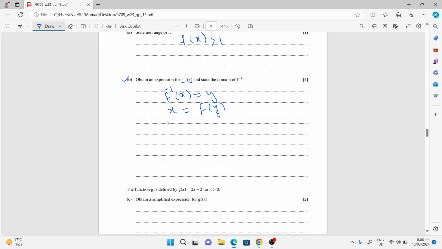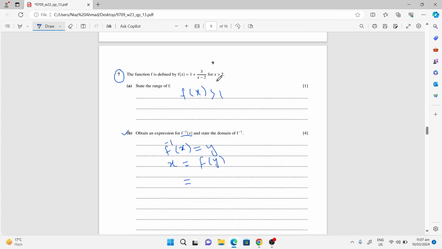So what is f of y? Your function is 1 plus 3 over x minus 2. Just write the function over here. This is 3 over y minus 2. This is your x. So bring this 1 to the left side. That is x minus 1 equals 3 over y minus 2.